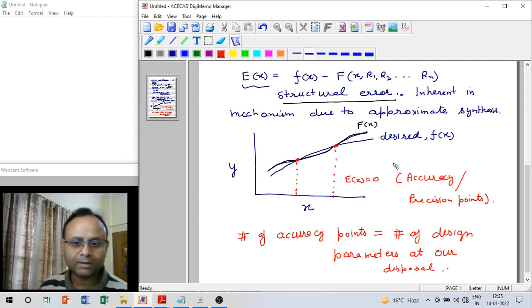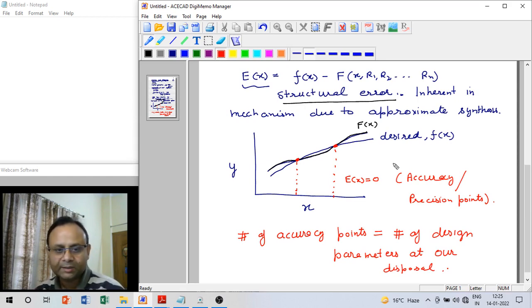The number of accuracy points cannot be arbitrary. So when we write down equations, let us say we are doing an analytical synthesis, for example the Freudenstein equation, then we have to see in that equation how many design parameters are there at our disposal, that we can choose. And the number of accuracy points will be equal to that number of design parameters. It cannot be arbitrary.